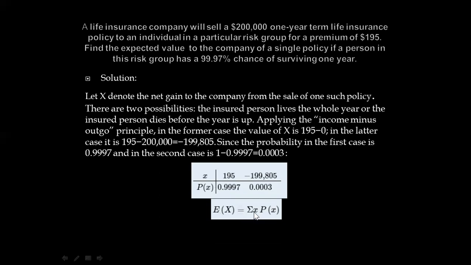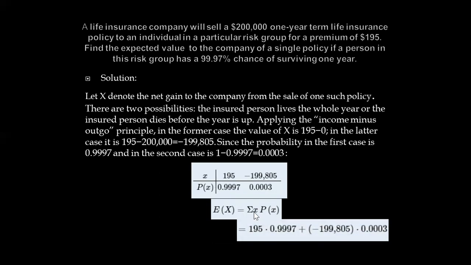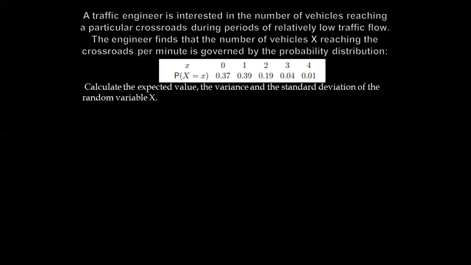Substituting the values, this gives us 195 times 0.9997 plus negative $199,805 times the probability of occurrence, 0.0003. This gives us the expected value of $135.